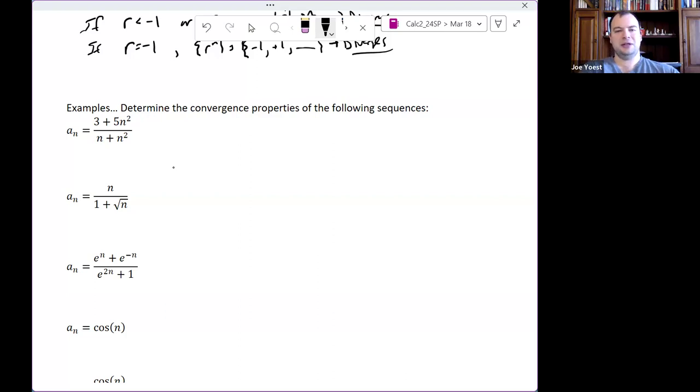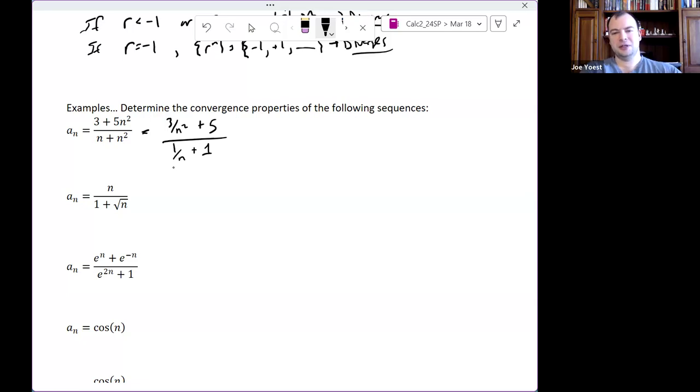But maybe I can use a trick from real number limits. If I divide top and bottom by the biggest power of n, divide by n squared, now what happens as n goes to infinity?